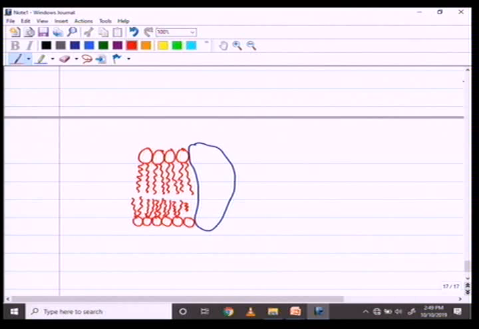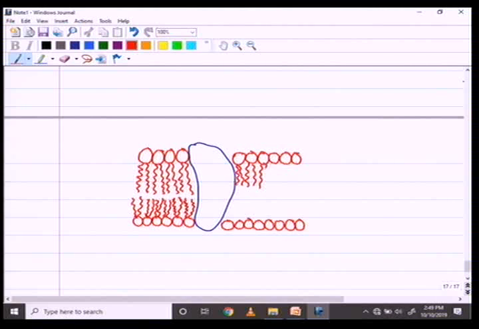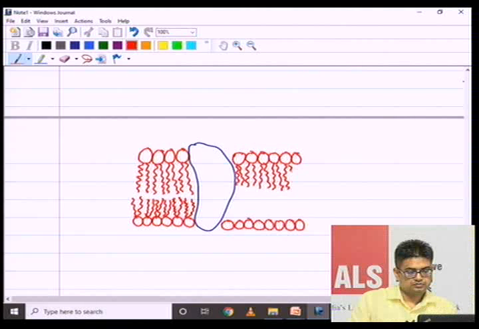Like this. Right here. And inside this, there are some proteins here also.